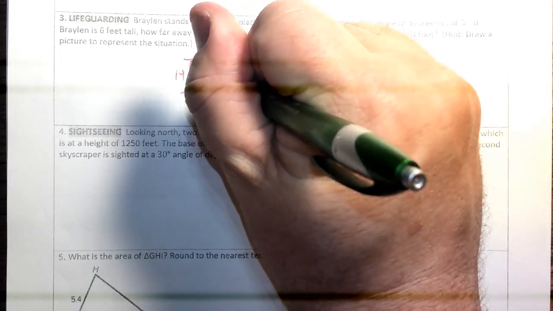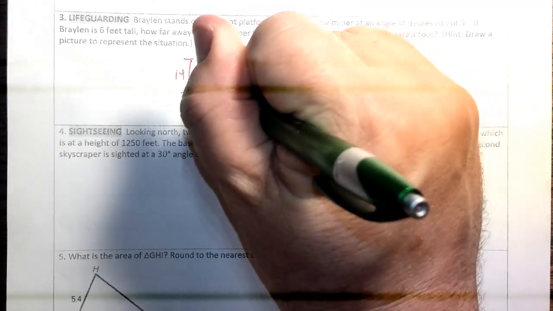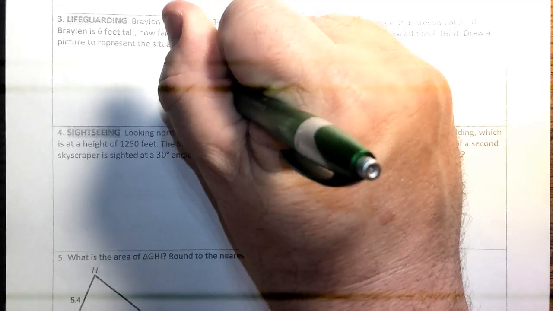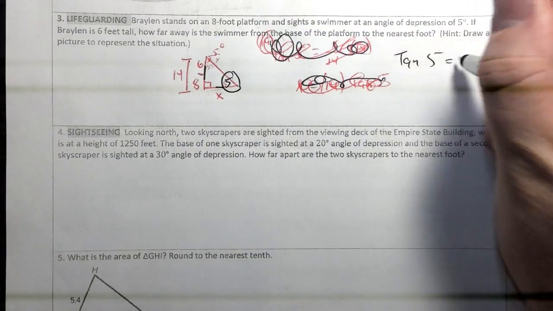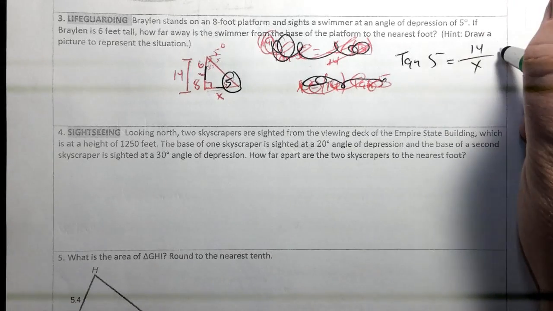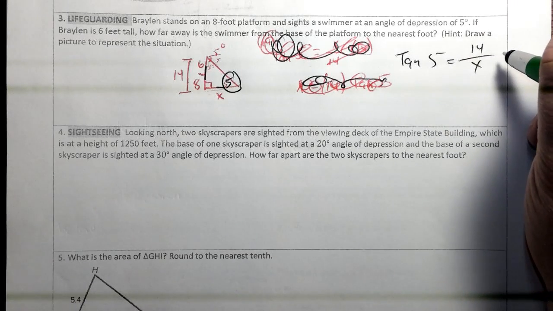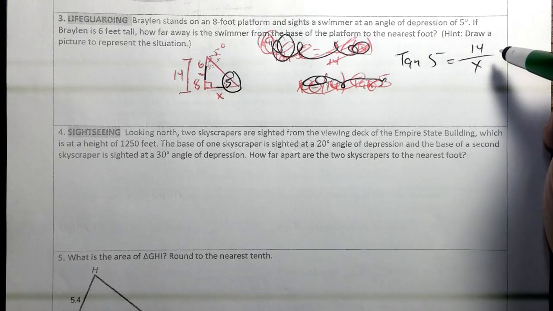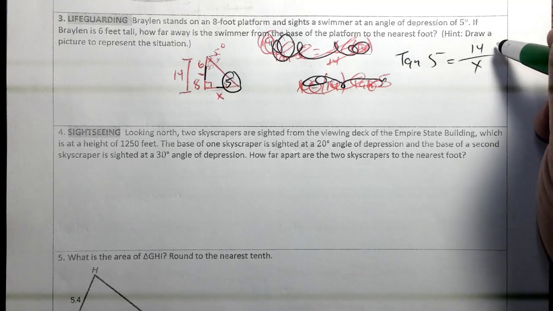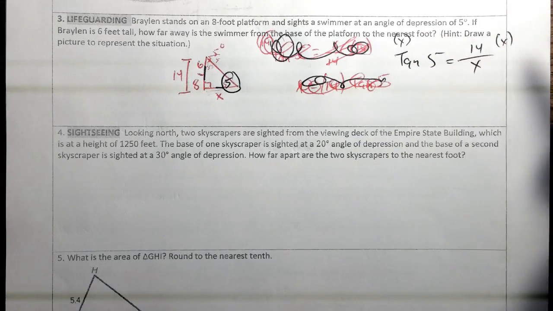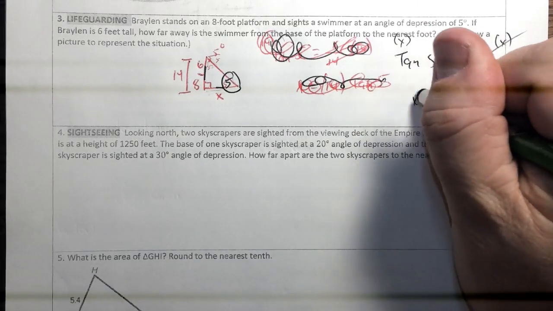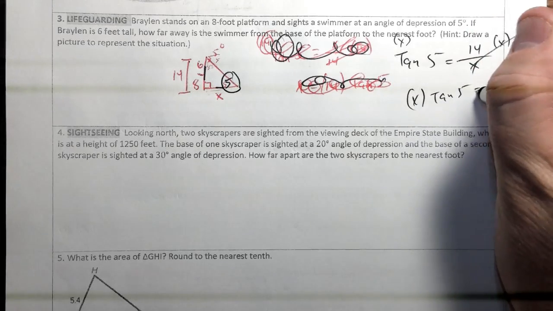So we're talking about this angle. This is the adjacent. This is the opposite. So tan 5 equals 14 over x. Multiply both sides by x. These cancel. X times tan 5 equals 14.